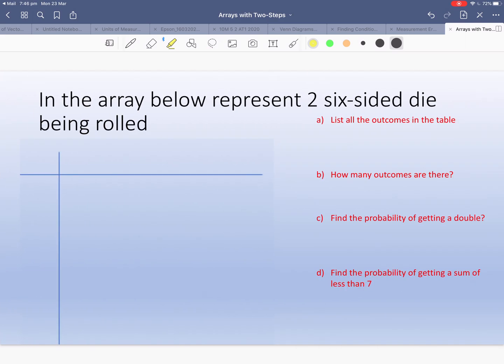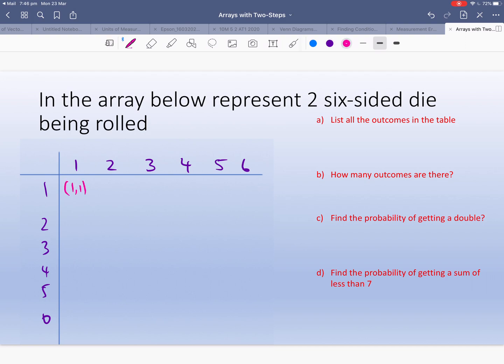Alright, let's go to a second example, and it's a 6-sided die. We're going to represent it in the same sort of way. So I'm going to start with 1, 2, 3, 4, 5, 6, and then here 1, 2, 3, 4, 5, 6, and I'm just going to move quickly. I'm going to do the same.